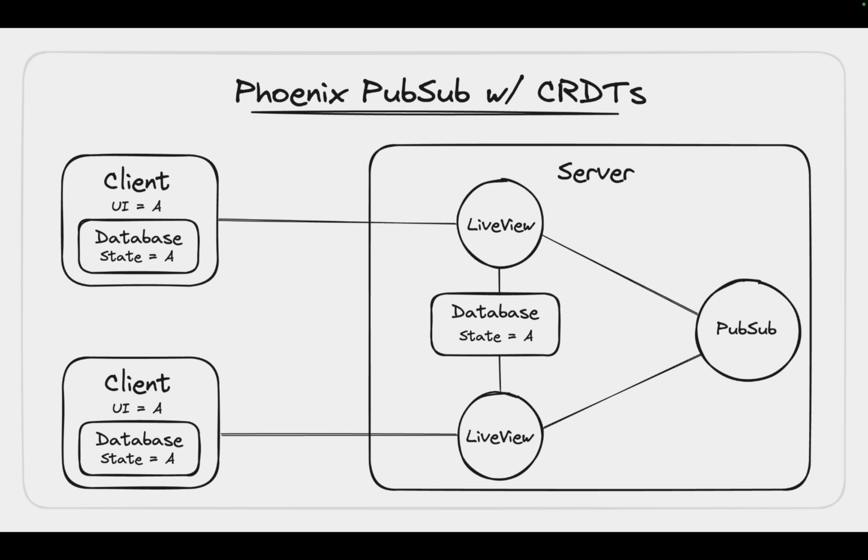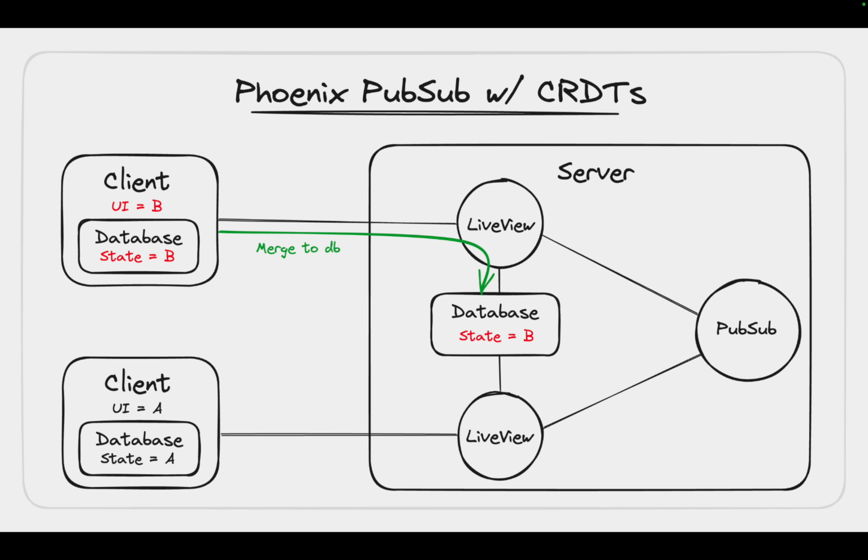To make things simple, every single database is going to start off with the same state of A. So now let's say that we have a change on our top client and the state changes to B. The nice thing about CRDTs is that we can instantly update our UI without having to make a trip to the server. After updating the UI, we can send a request to merge our state to the server database. And thanks to CRDTs, the state will merge without any conflicts.